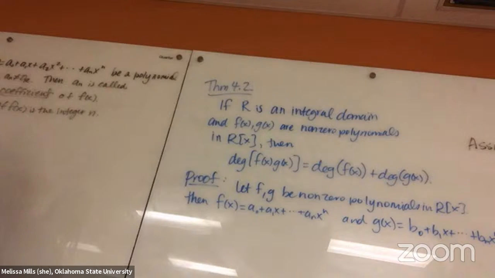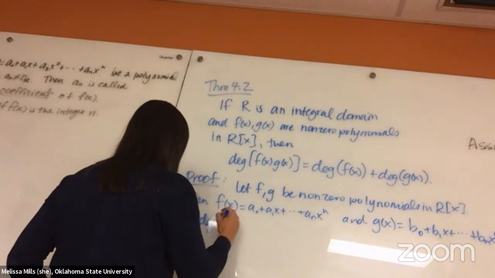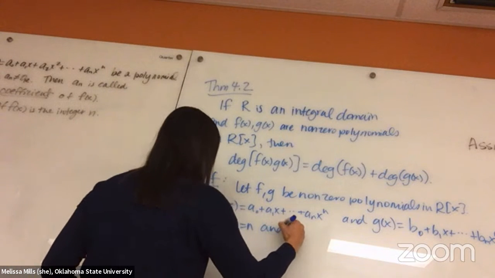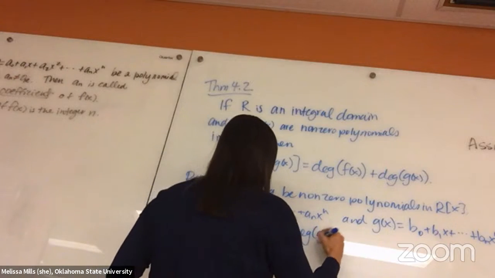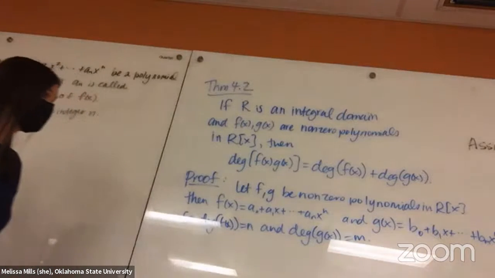So we'll use f of x, we'll use the a's with the subscripts for its coefficients and go up to n. And for g of x, we'll use b's for the subscripts and go up to m. So we have 2 different polynomials there. And then I could say, so the degree of f of x equals n, and the degree of g of x is m. Right, so that's the way we've defined those functions.